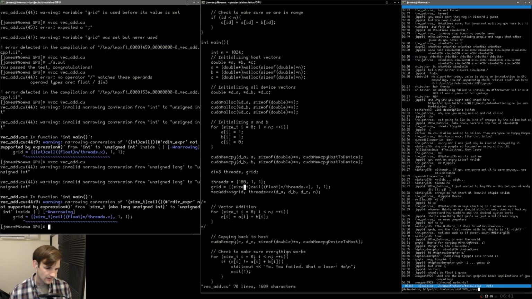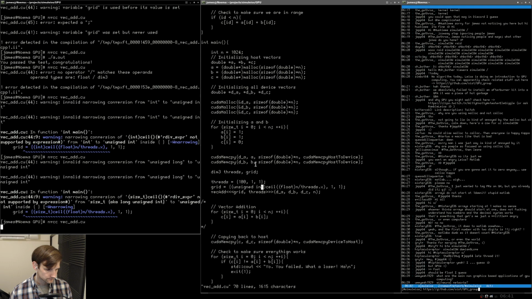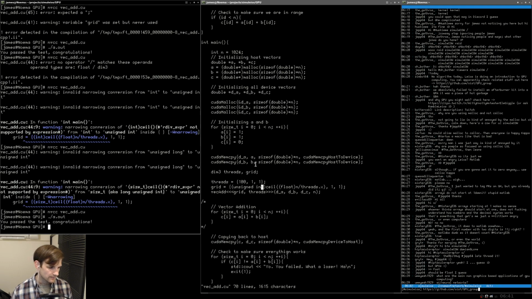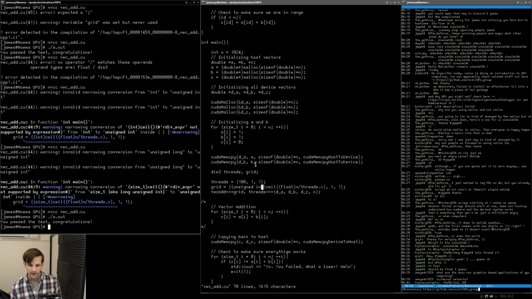Dang it. Then we do a.out of there, and then it works just fine. So this is the same code. All we did is we changed the initialization from ints to dim3s, but ultimately it's the same thing.